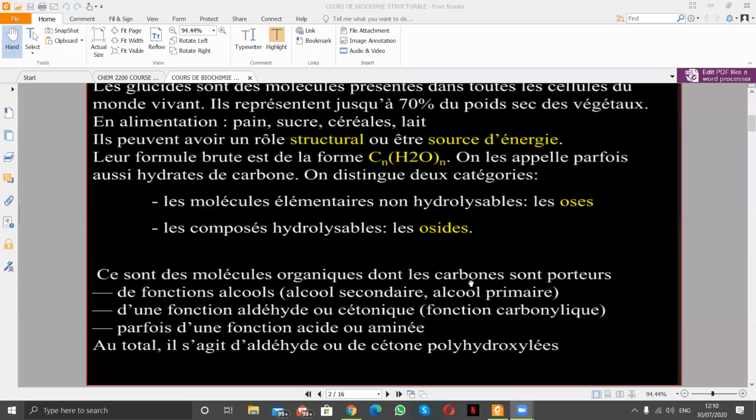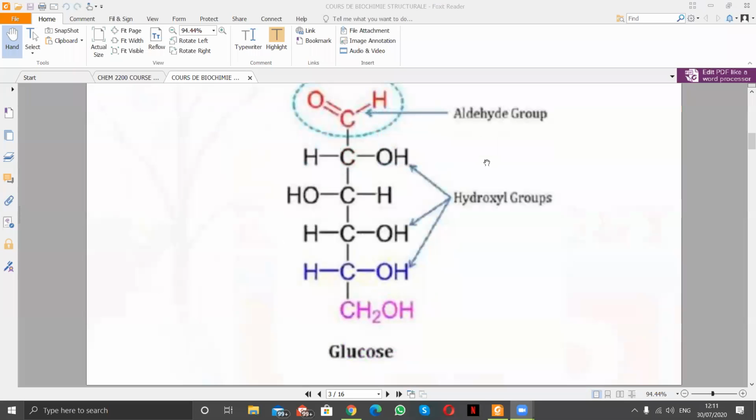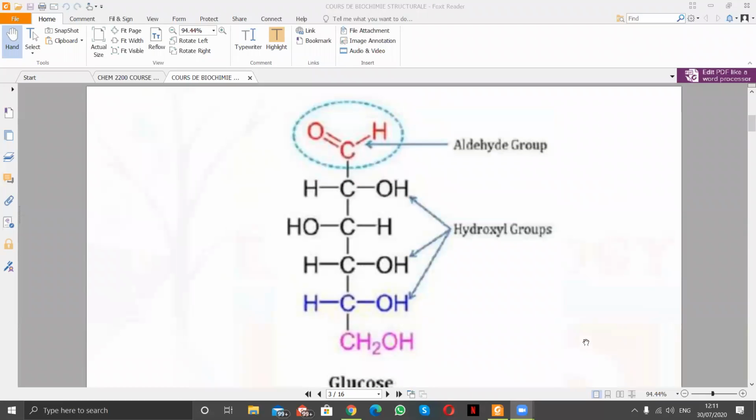Carbohydrates are characterized, I will repeat, by a carbon function, which can either be an aldehyde or a ketone, or by the presence of a carbon chain carrying a hydroxyl group. Aldehyde, this is an aldehyde group. This is a hydroxyl group function. These are some of the characteristics of carbohydrates.